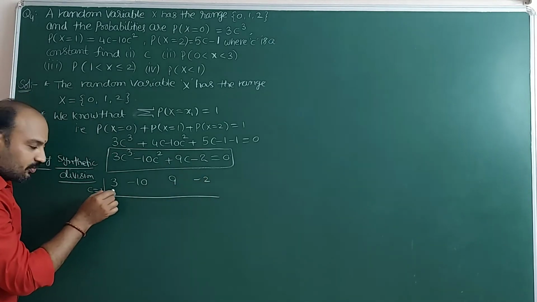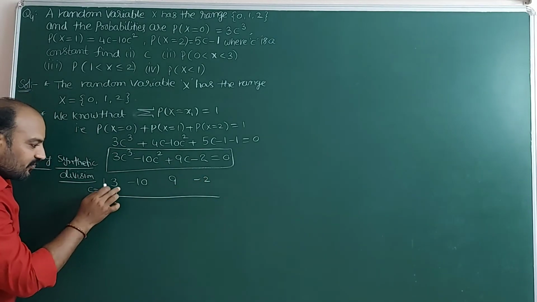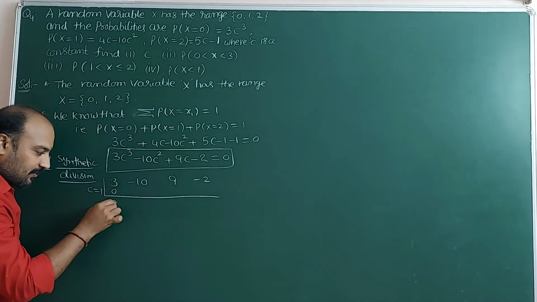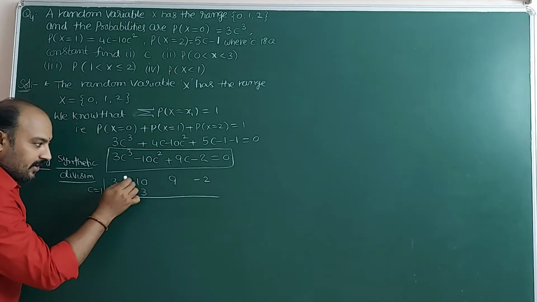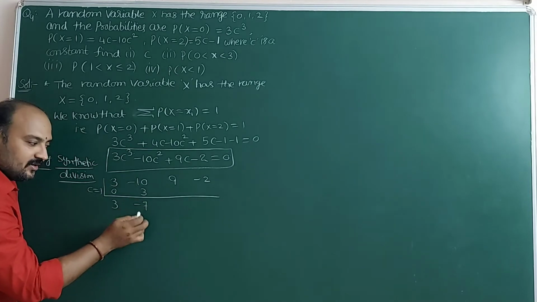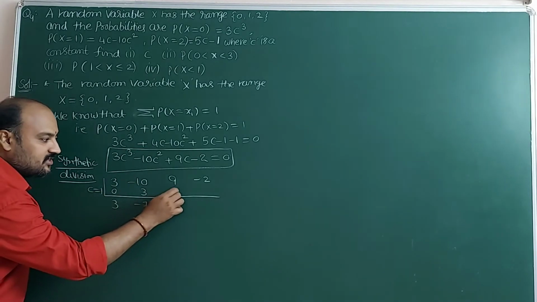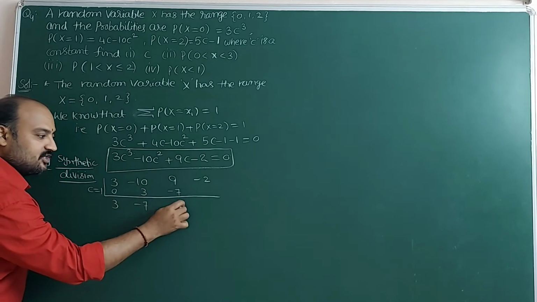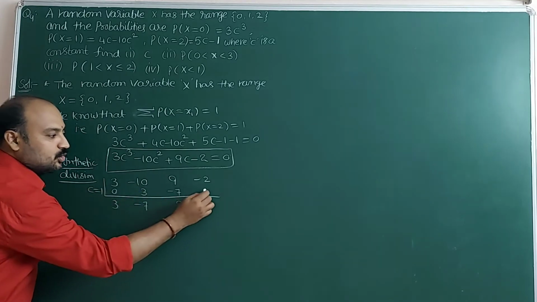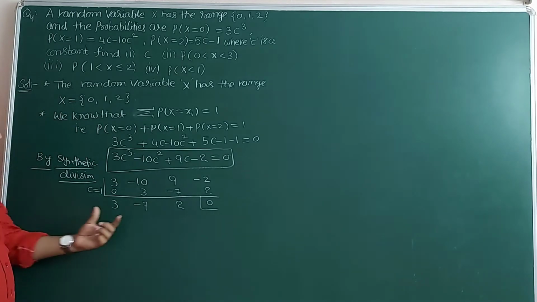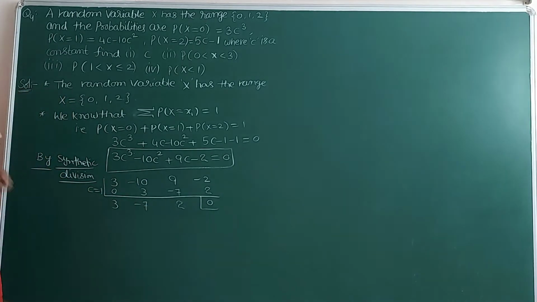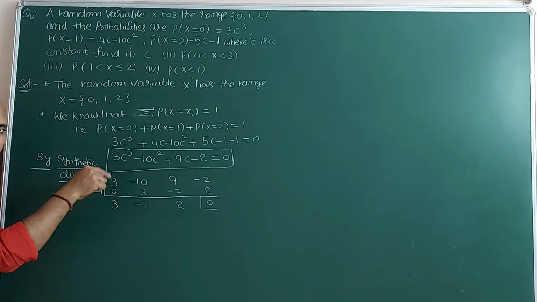So first we know the procedure, put here 0, add these two values, 3 plus 0 is 3, 3 into 1 is 3, minus 10 plus 3 is minus 7, minus 7 into 1 is minus 7, 9 minus 7 is 2, 2 into 1 is 2, so here the remainder is 0.